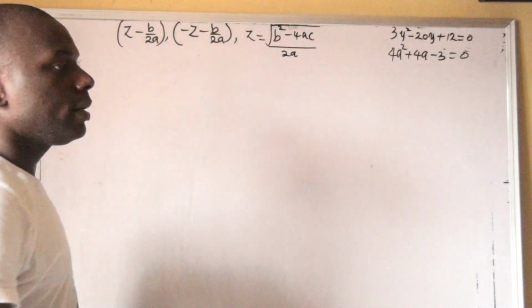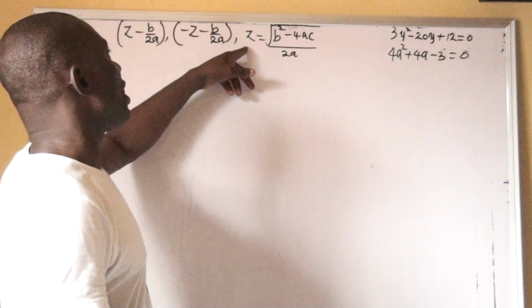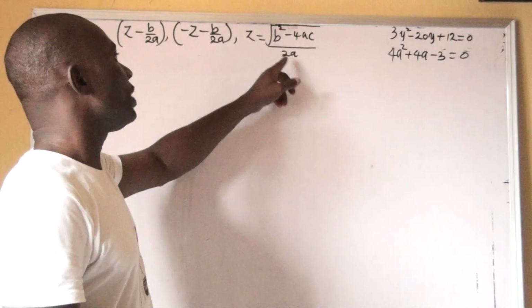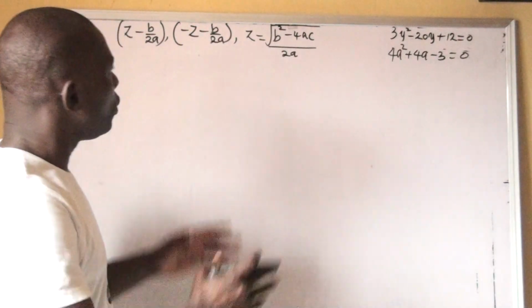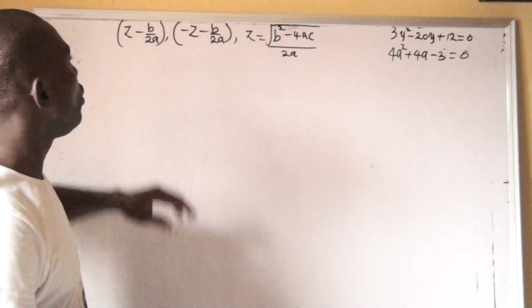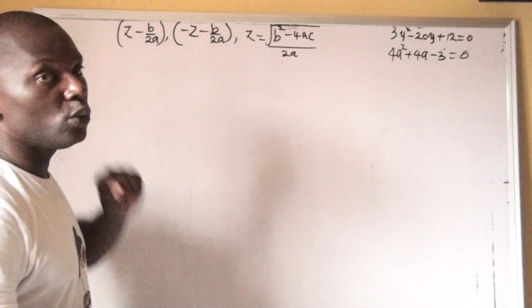This formula is very handy. So once you know z, the formula for z is the square root of b squared minus 4ac over 2a. The first thing you do is find the value of minus b over 2a.